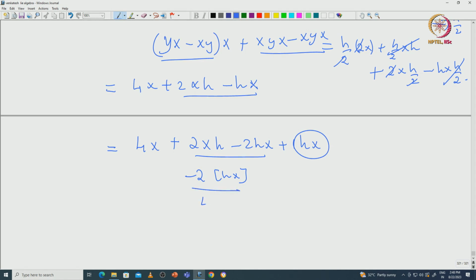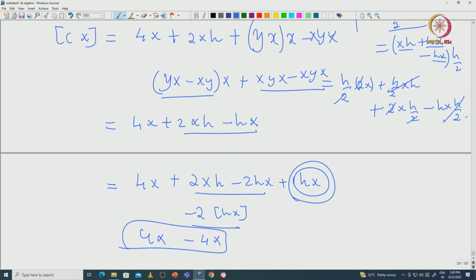So this is going to be minus 4x. So this is going to get cancelled, but this hx I am getting extra. I don't know why. So maybe I just missed some 2 somewhere. So if this is 2, then we are done.